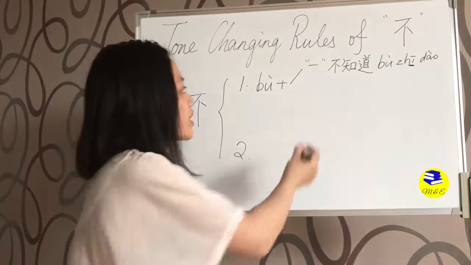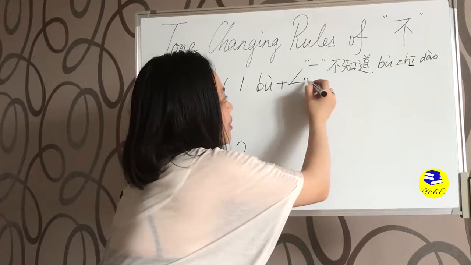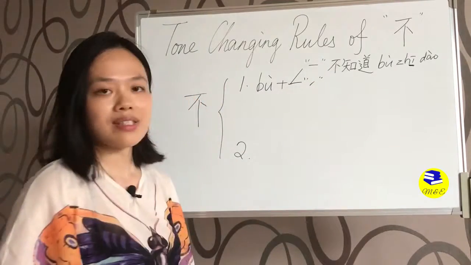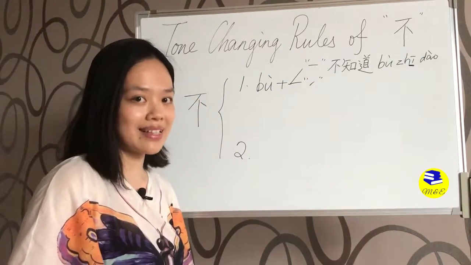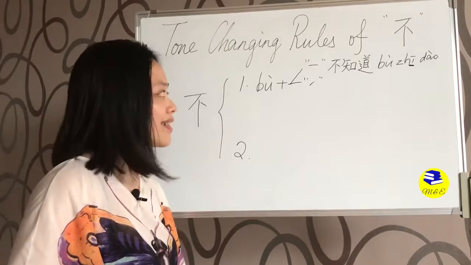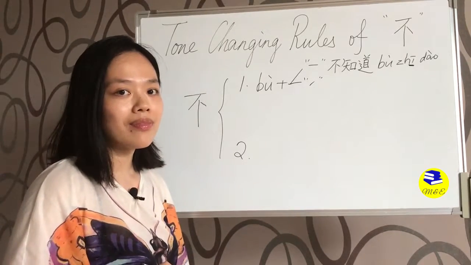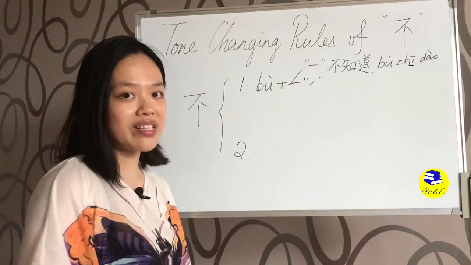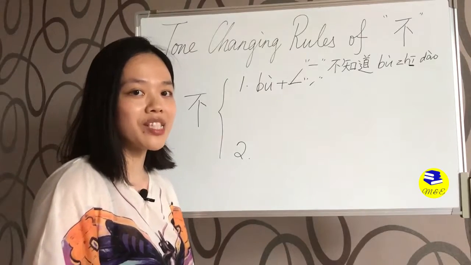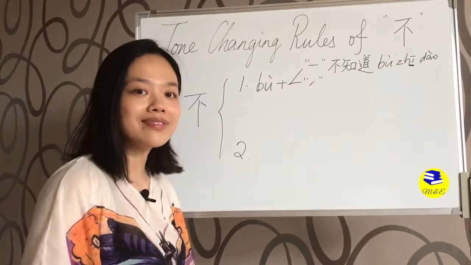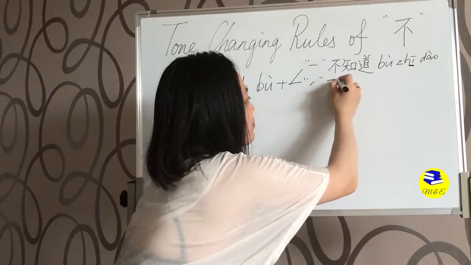The second situation is what? The second situation is when it follows a second tone. Second tone. Okay? For example, different in Chinese is what? 不同, right? 不同.